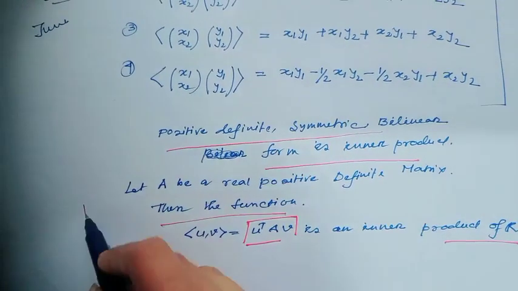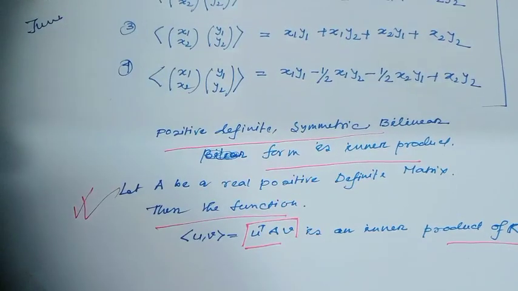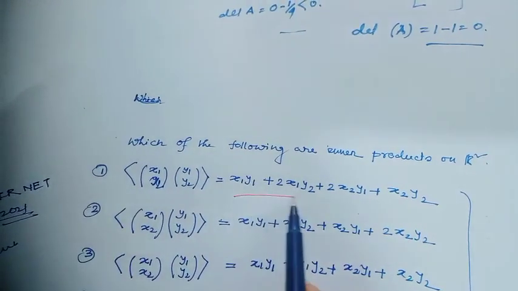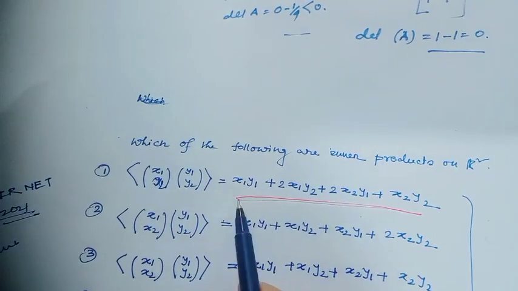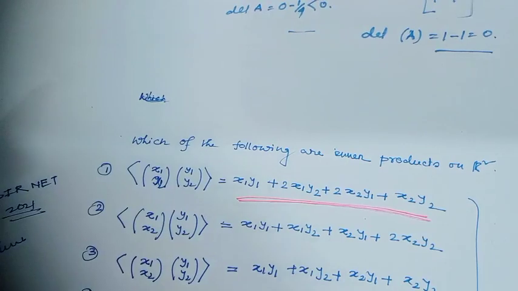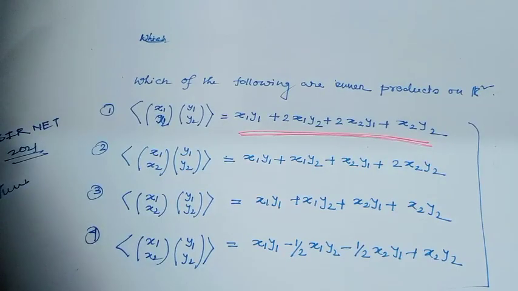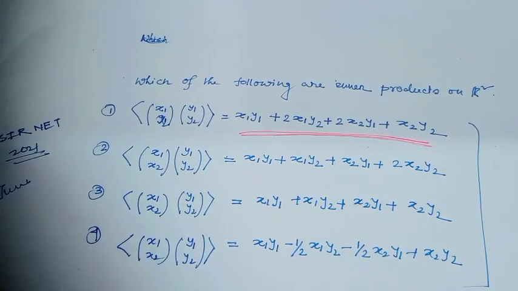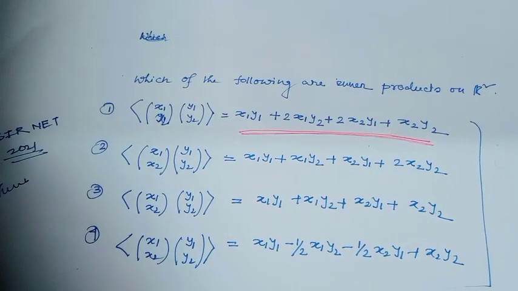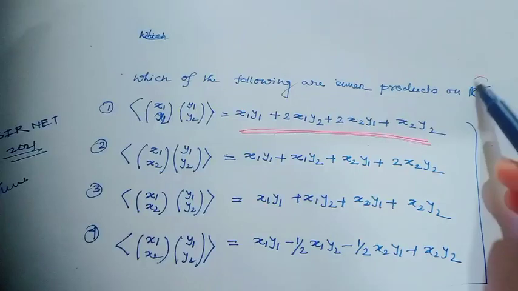Here I will use this method. From this expression, at first create one symmetric matrix, then check whether this matrix is positive definite or not. If positive definite, then obviously this is an inner product on Rn, here R2.